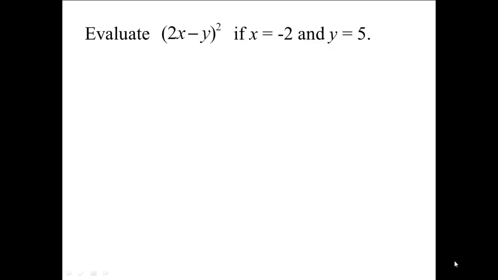Evaluate the quantity 2x minus y, all raised to the second power, if x equals -2 and y equals 5. 2x means 2 times x. Here's where we insert -2 for x minus y. And here's where we insert 5 for y.